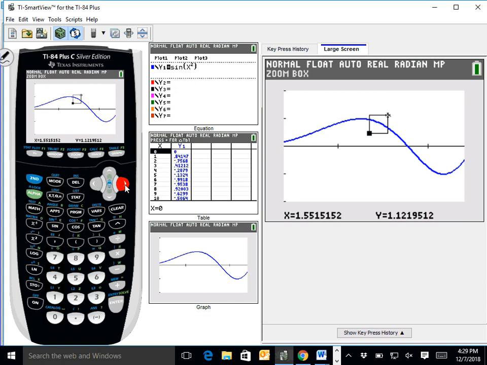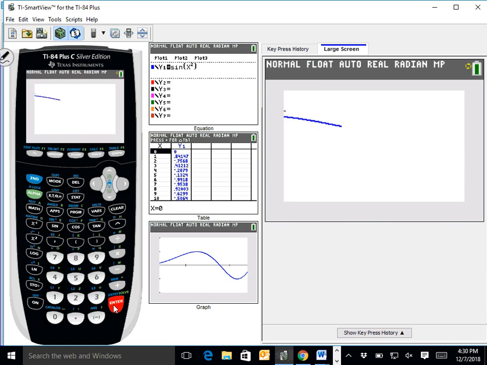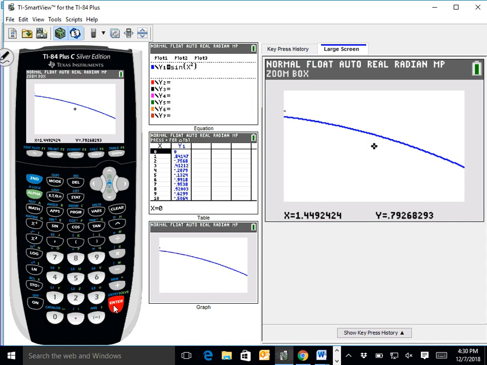So my new picture will be like the full screen. So I'm zooming in just on this piece right here when I hit enter. When I do that, I can definitely tell that this is still curved, but it's starting to look much more like a line than it did in the last picture.